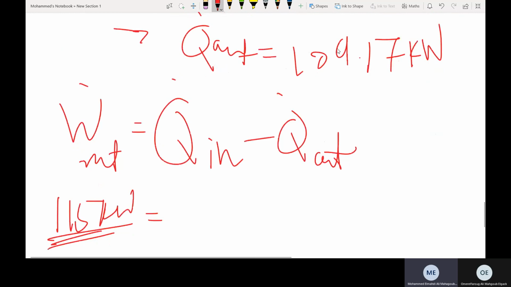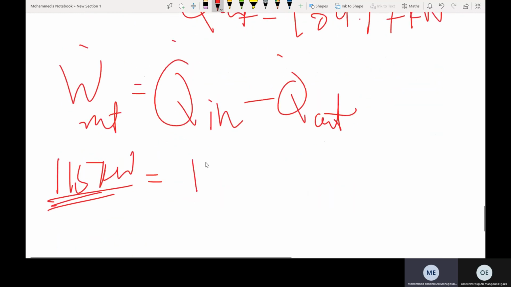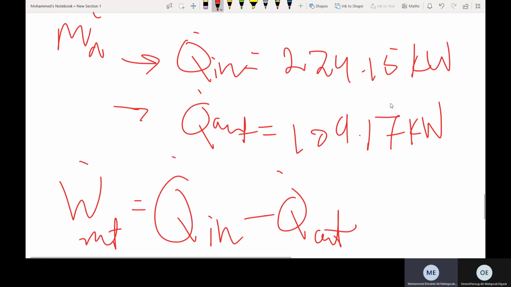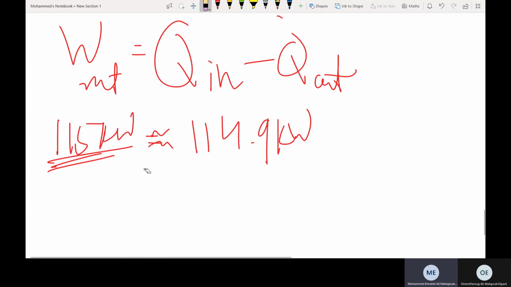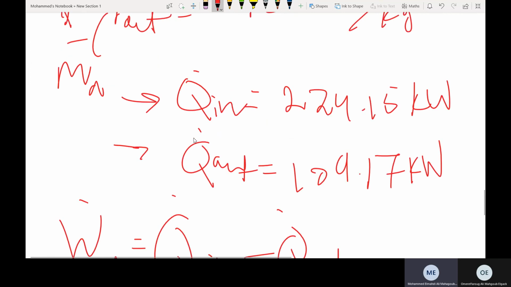If you subtract these, I believe you'll get 114.9, which is fairly close to this value. It is just from the little approximations that we did, taking two or three numbers after the decimal, but it should be the same if you took all the numbers after the decimal.